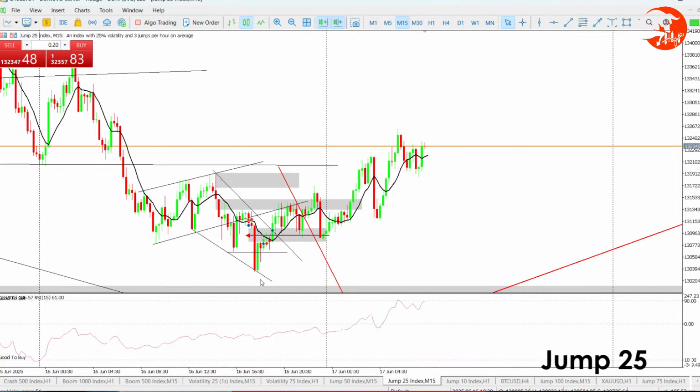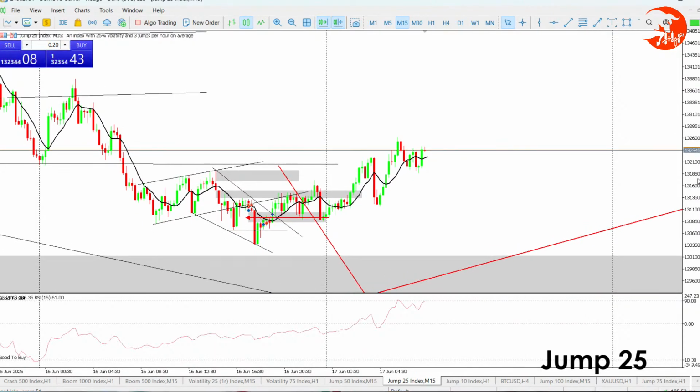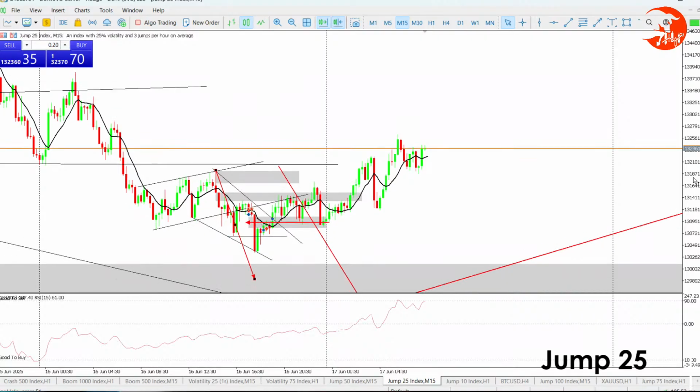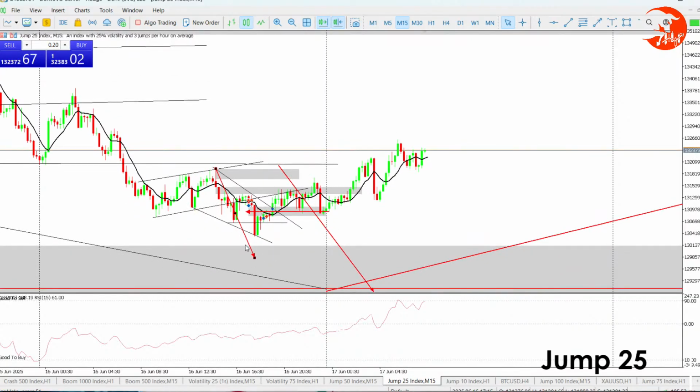I made that entry, but it did not hit the TP that I needed. The TP that I had calculated right from there did not come through. I wanted to take my TP right here.